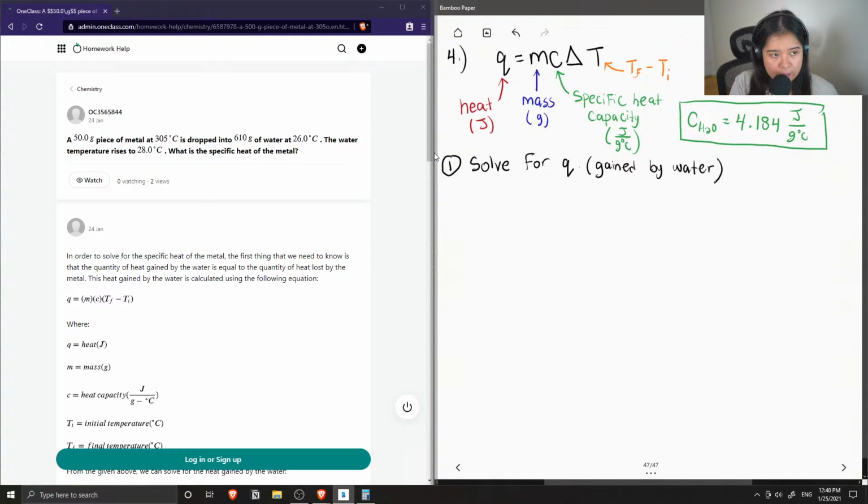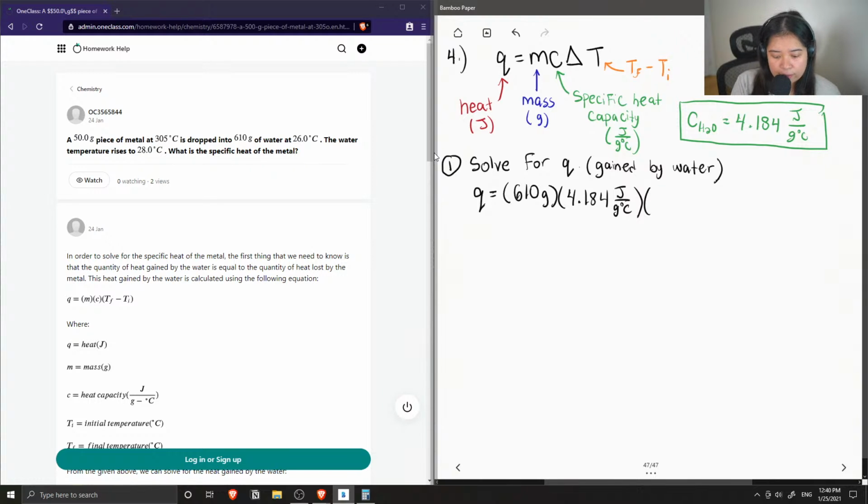Okay, so this value is known, and that's why we can just use our equation to solve for the Q, or the amount of heat that was gained by the water. The mass of water was 610 grams. The specific heat capacity is 4.184 joules over gram degrees Celsius.